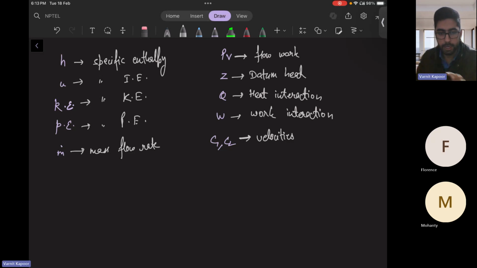And 1 and 2 are the subscripts which we will use at the inlet and outlet sections.